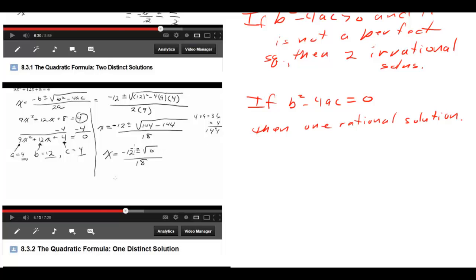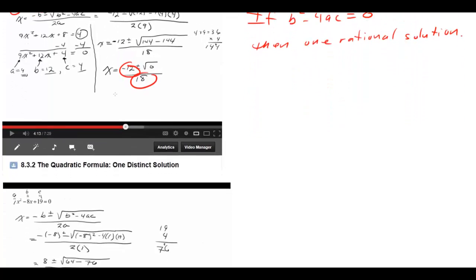Now I have to realize in this case that's because we've restricted a, b, and c to rational numbers. We could actually do a quadratic equation with complex numbers, but that's much more advanced than this class, so don't worry about it. For our intents and purposes, we're going to get only one solution, and in our case it's going to be rational. So if the discriminant is 0, it's one rational solution.